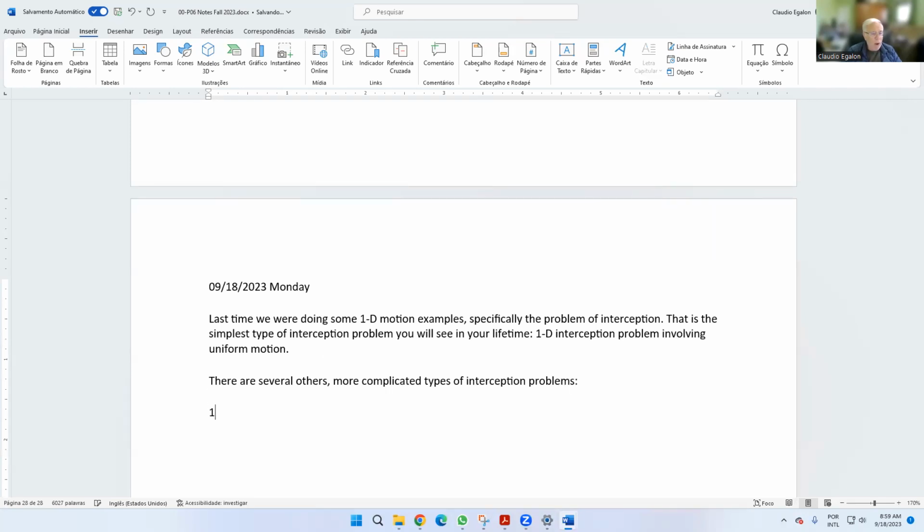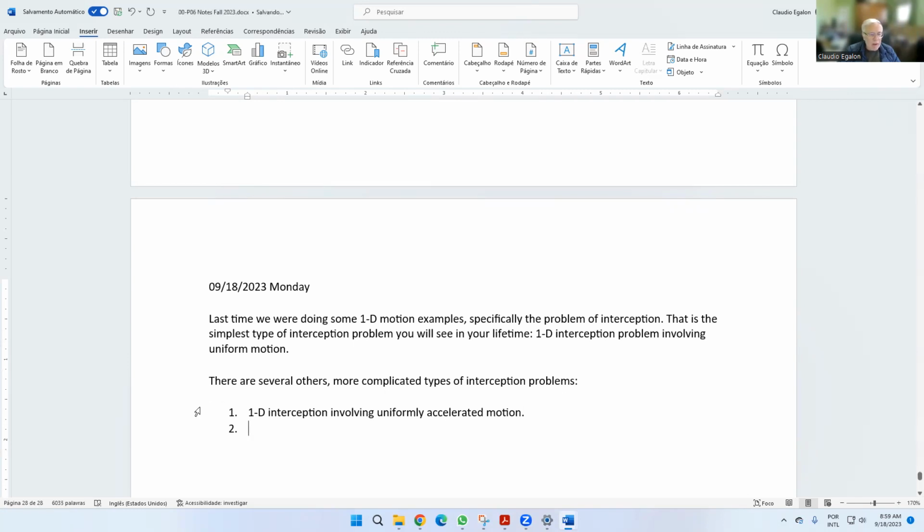Okay, one that we didn't get to yet, right? 1D intersection involving uniformly accelerated motion. So instead of uniform motion, constant velocity, now you have objects that are accelerated.